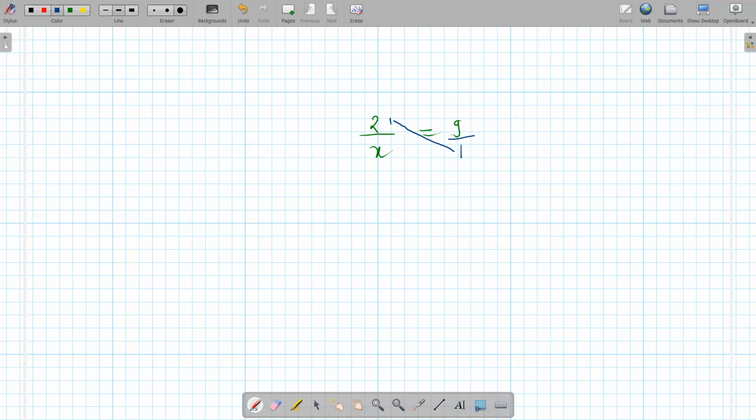We're going to multiply this denominator with this numerator, this denominator with this numerator. What does that give? 2 times 1 is 2. 9x. See, now what do you do? You're going to get rid of the 9. Yeah, and there we go. That's the answer, 2 over 9.